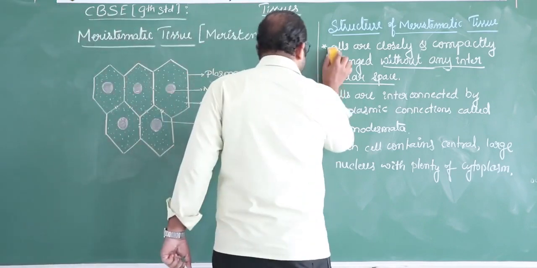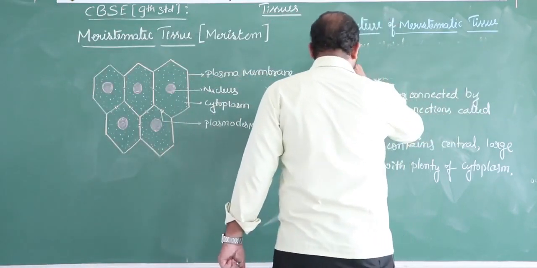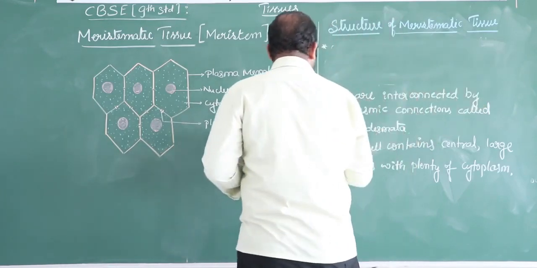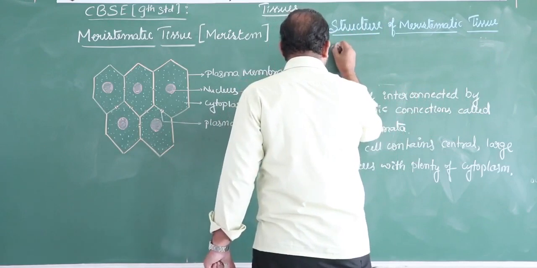So the next thing is that meristematic tissue does not contain vacuoles, or you can say that vacuoles are absent.